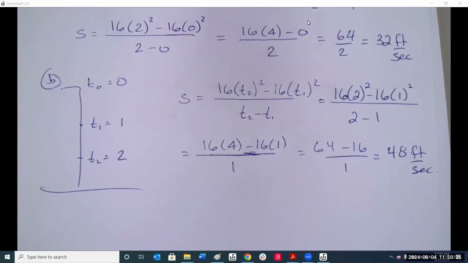Why is it faster for B than it is for A? Why is B bigger?